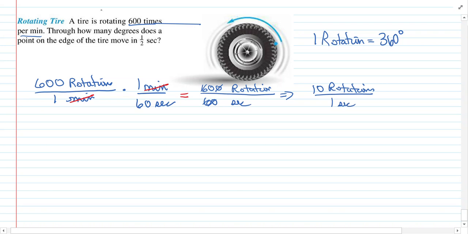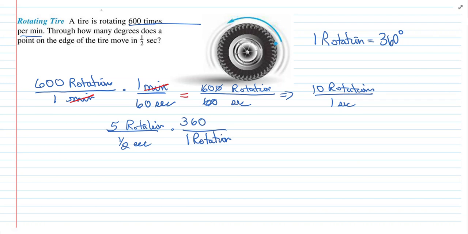But I need a half a second, so I'm going to divide by 2. So that'll give me 5 rotations per 1/2 second. Now, I know that 1 rotation equals 360 degrees, if we want to know degrees. All right, so now what I've done is canceled rotations, and I have degrees per half a second.